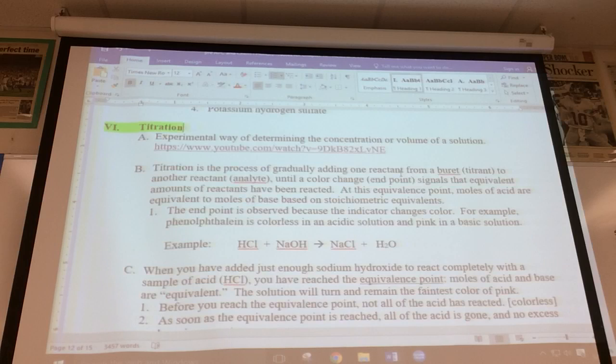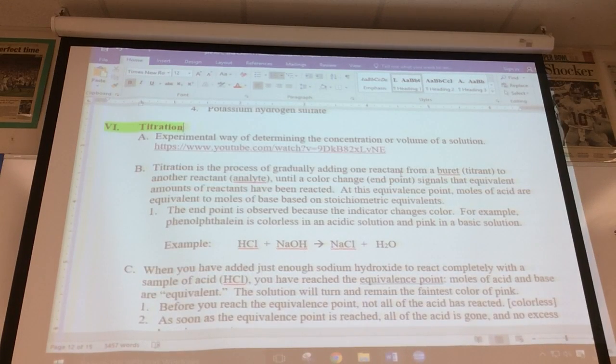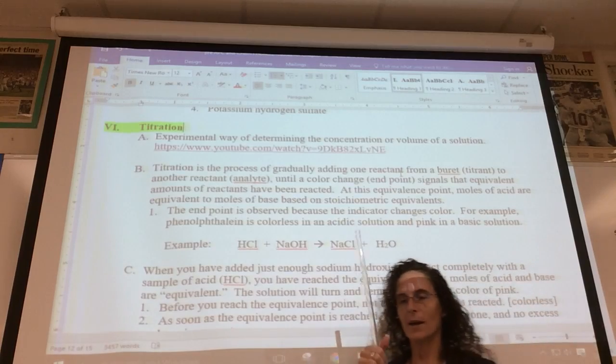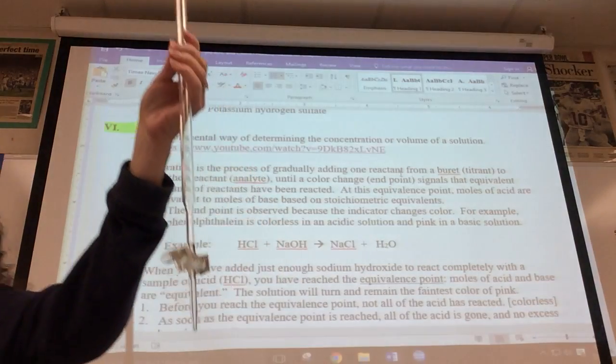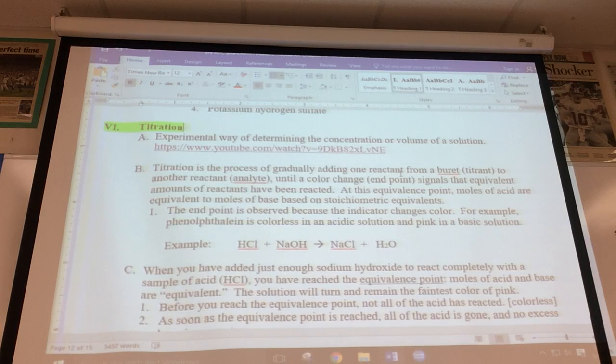With titration, I've got a little video for you. I'll stop and start it because some of it is great and some of it needs some work. But in any event, this is a burette. So long. What goes in this long glass instrument, it's not a syringe, it's called titrant.